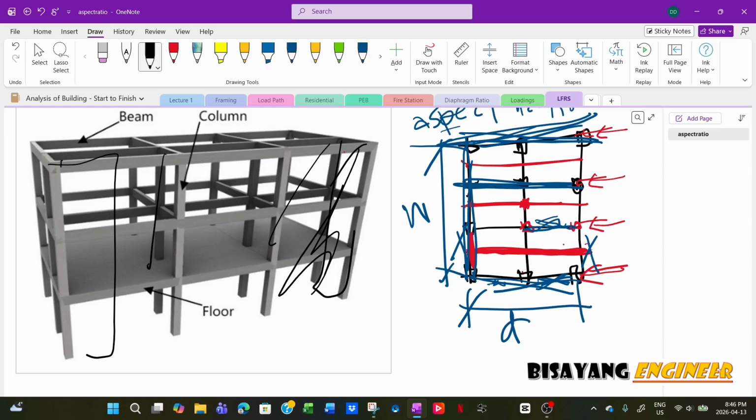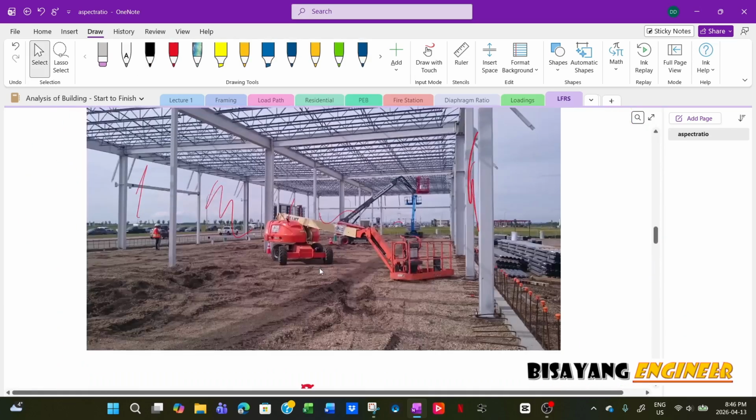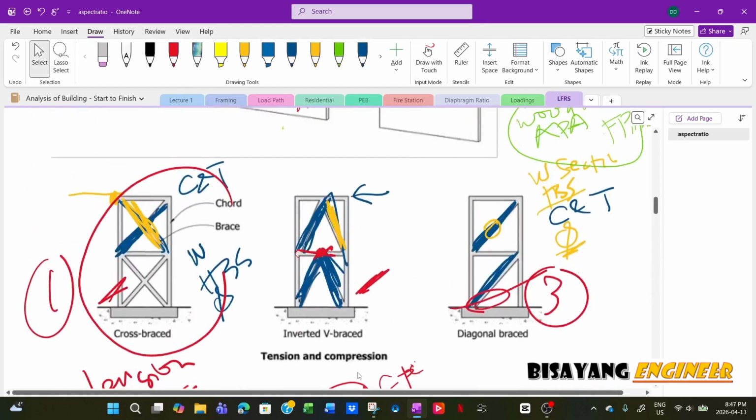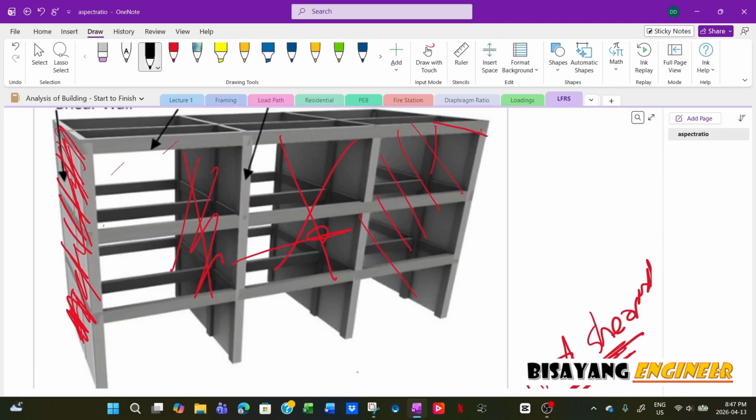And like I said, for the roof diaphragm, if you are not using your roof as a diaphragm, then all your load will be transferred to the beam as a horizontal load. But if you are using the roof as a diaphragm, then all the loads will be resisted by the roof like this, and then transferred to the outer frames right here.